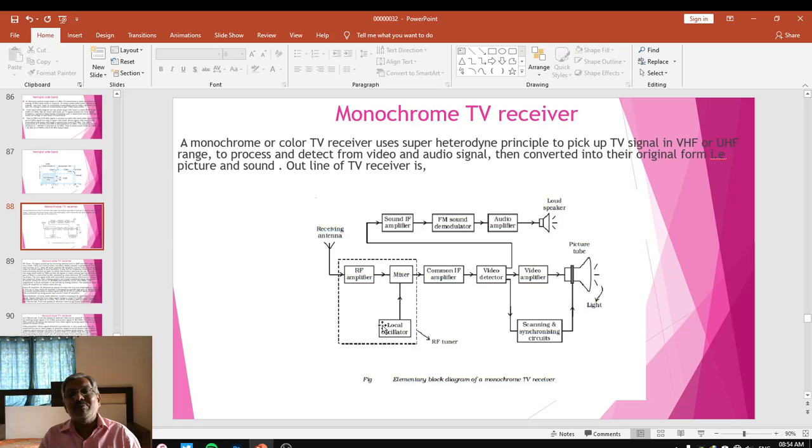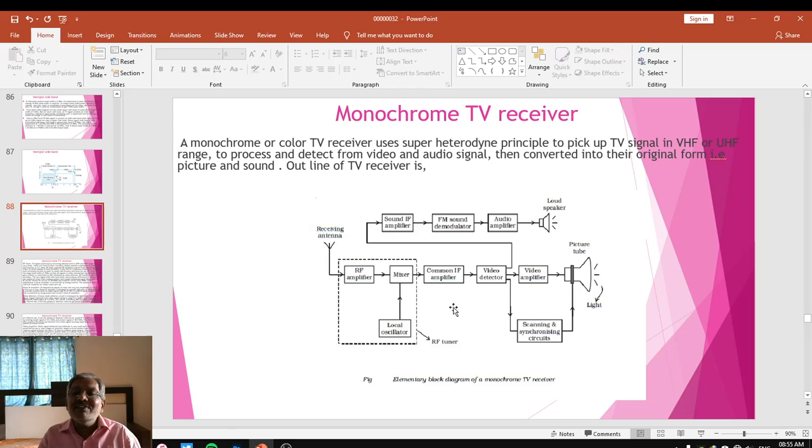Depending upon the signal frequency, one can change the local oscillator frequency, so that the IF at the output of the mixer stage always remains fixed or constant. So the same IF will be accepted by the IF amplifier. One can say the IF amplifier is designed for the same IF frequency, so that only that will be received. The rest of the frequencies are automatically rejected.